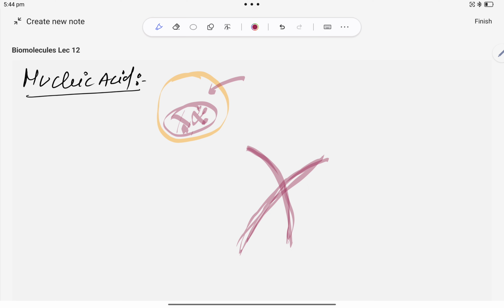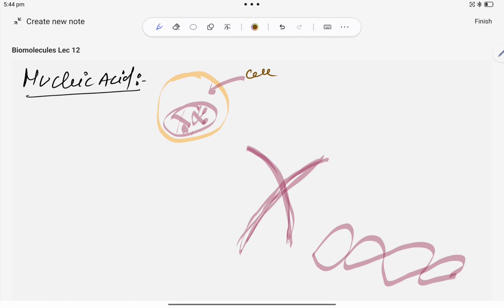Further they will be divided like this. It's a DNA structure. So it's a human cell. In that cell, nucleus is there, and that nucleus is made by chromosomes.